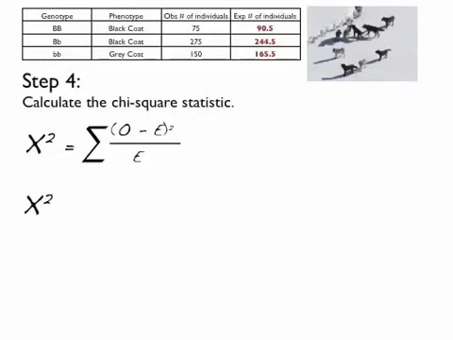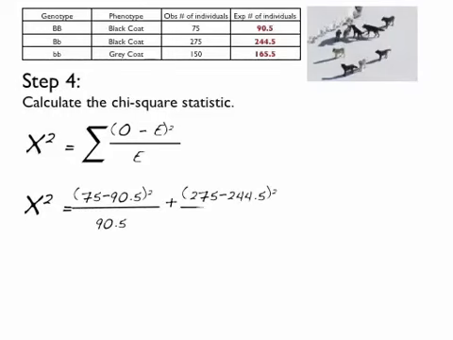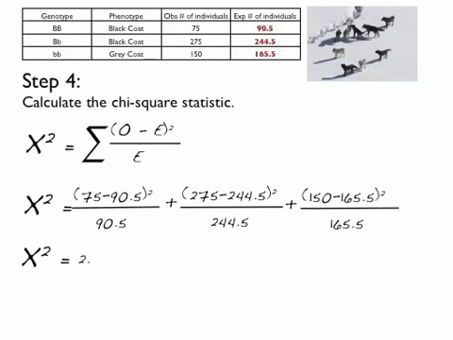So to calculate chi-square, we take 75, the number of observed individuals, minus 90.5, squared, all over the expected number of individuals, and then we do that for each of the 3 different genotypes that we saw. If we calculate that out, we get 200.655 plus 3.805 plus 1.452, which comes to 7.912. So that's our chi-square statistic.